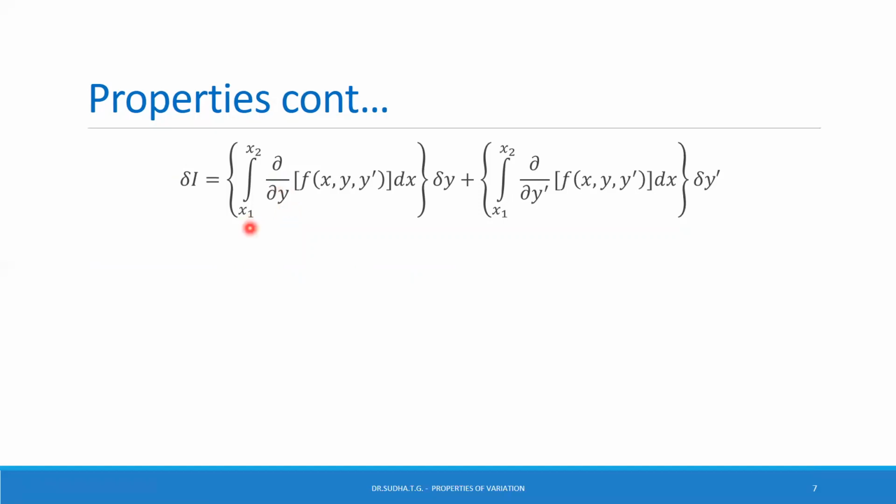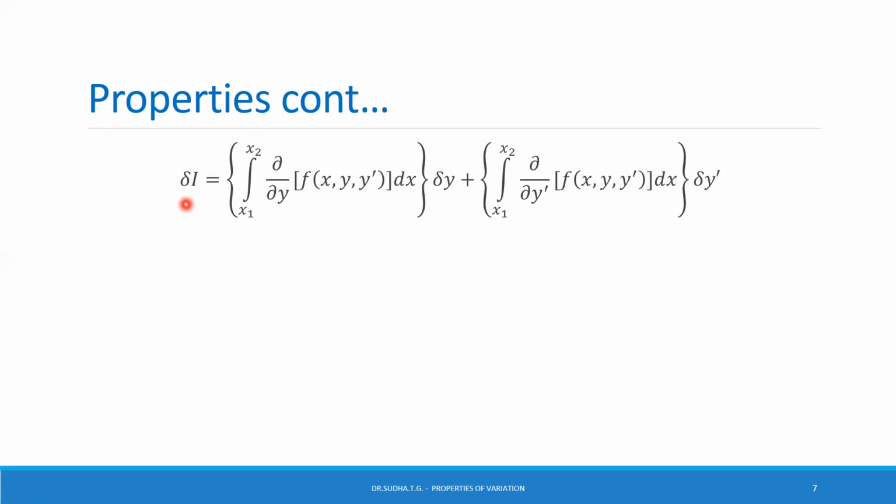You can write integral x1 to x2 dou by dou y of f dx into the variation of y delta y, plus the second expression integral x1 to x2 dou by dou y dash of f of x comma y dash dx into variation of y dash. This is obtained using Leibniz rule of differentiation under integral sign, and this is the expression for variation of I.